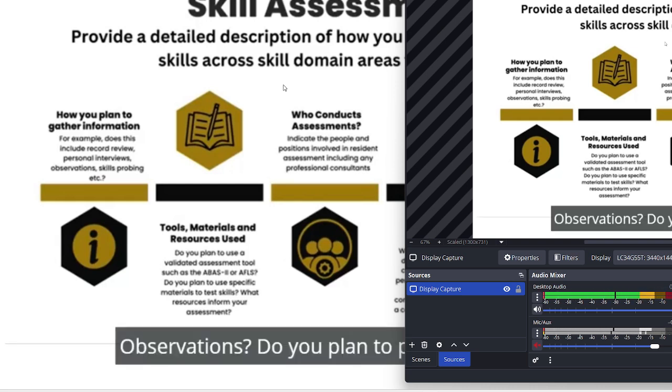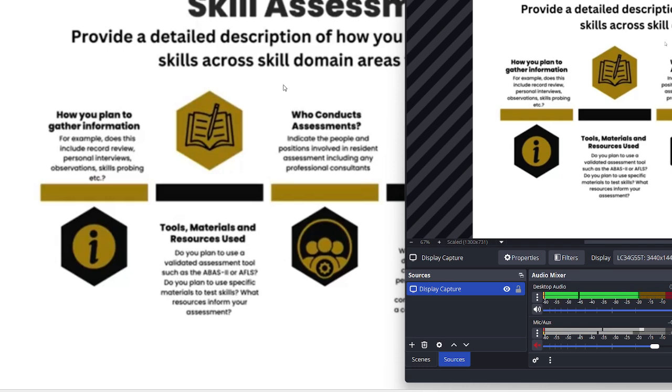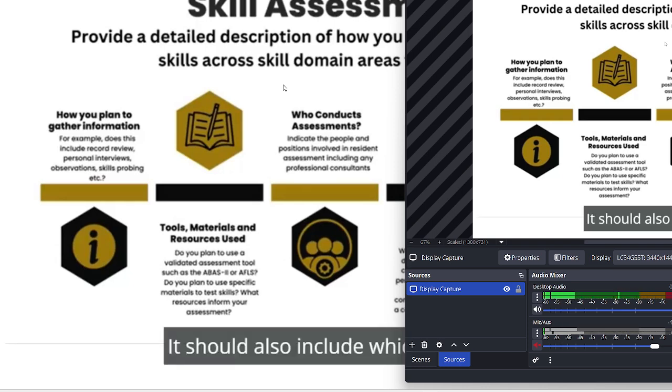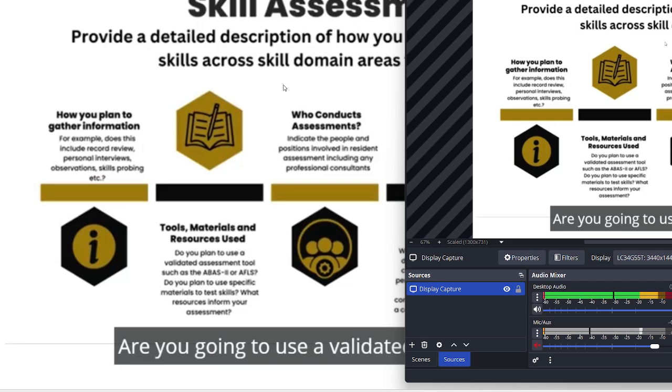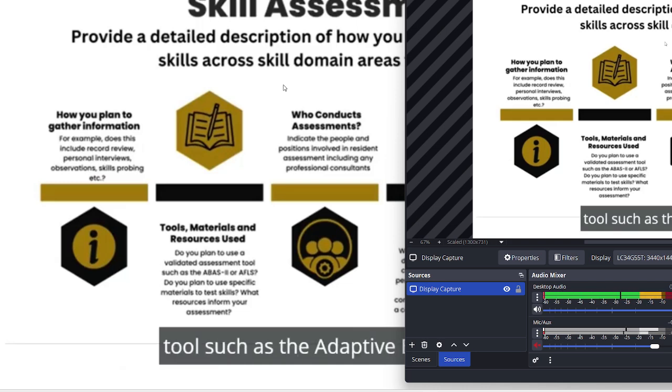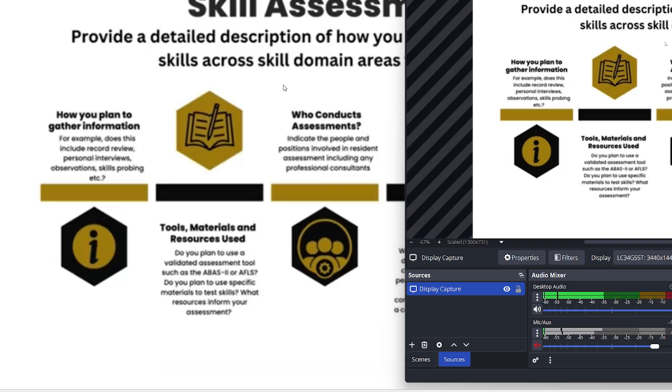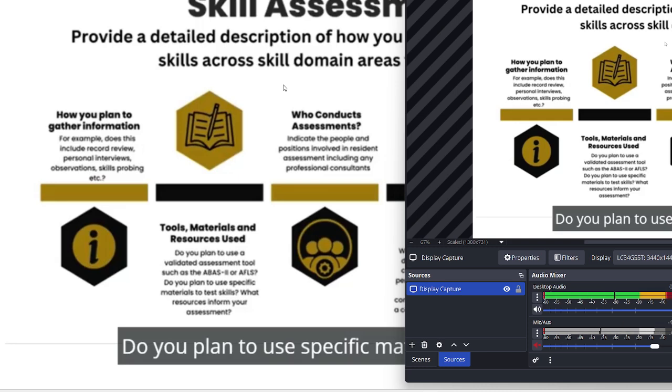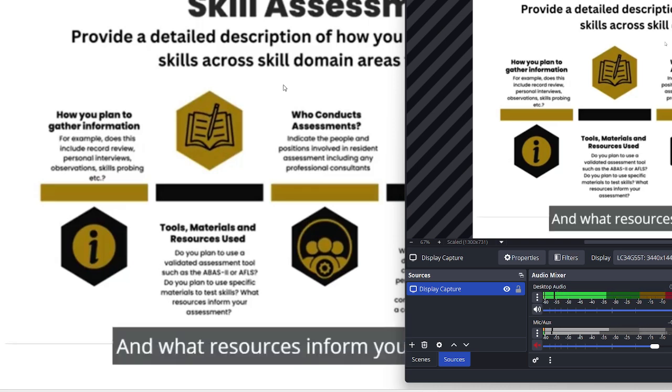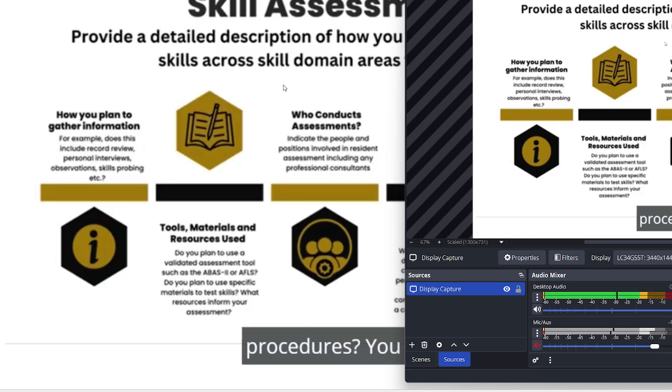Do you plan to probe specific skills? It should also include which tools, materials, and resources you plan to use. Are you going to use a validated assessment tool, such as the Adaptive Behavior Assessment Scale? Do you plan to use specific materials to test skills? And what resources inform your assessment procedures.